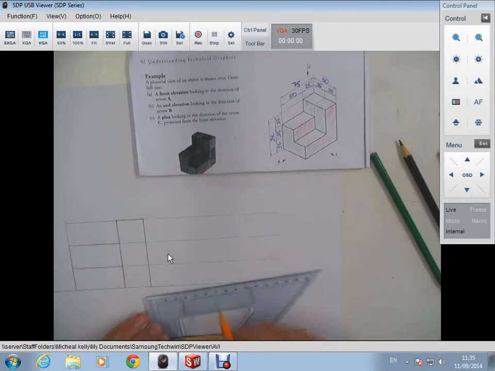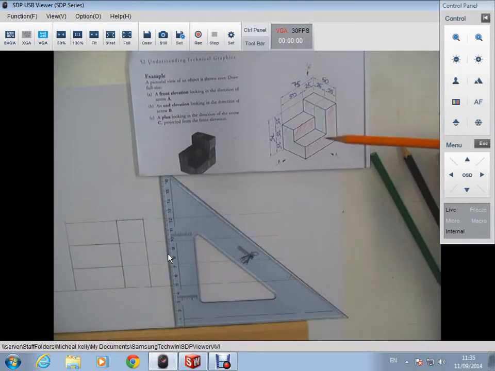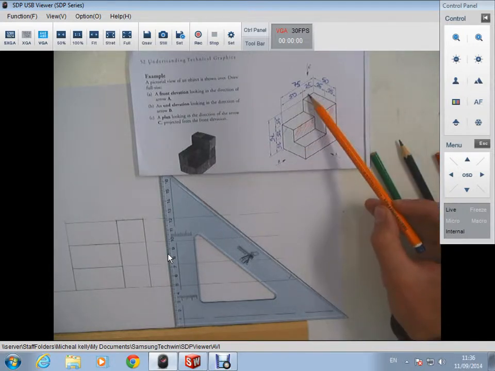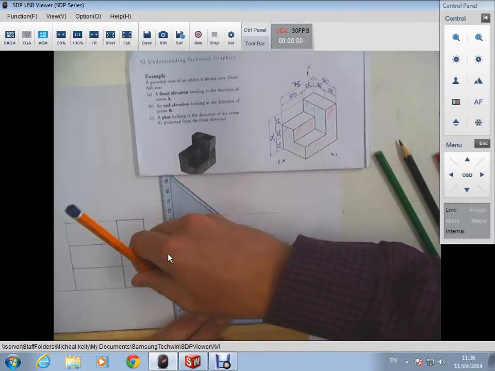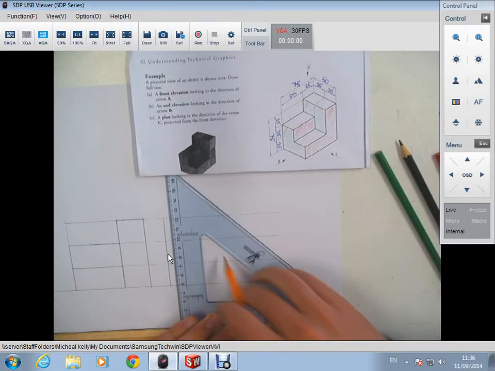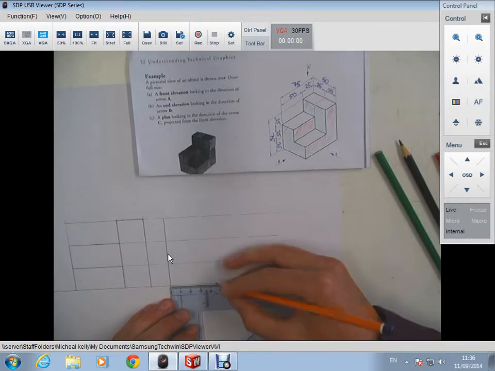So mark over 20, take your vertical line up, and I'm going to draw the sides of the rectangle that this end elevation is going to fit into. You can see here in total it's 50 wide, and I have my height of 75 already. So over 20 and 50 wide.